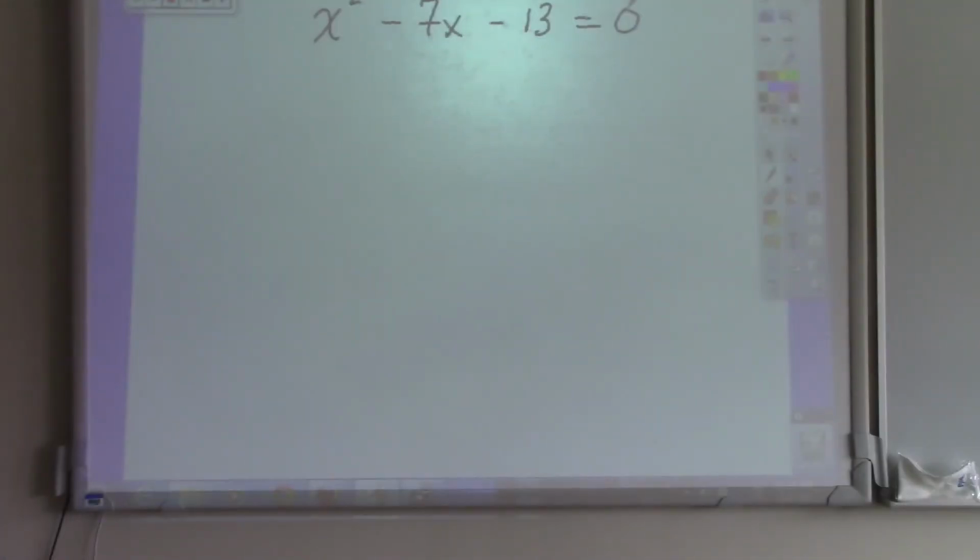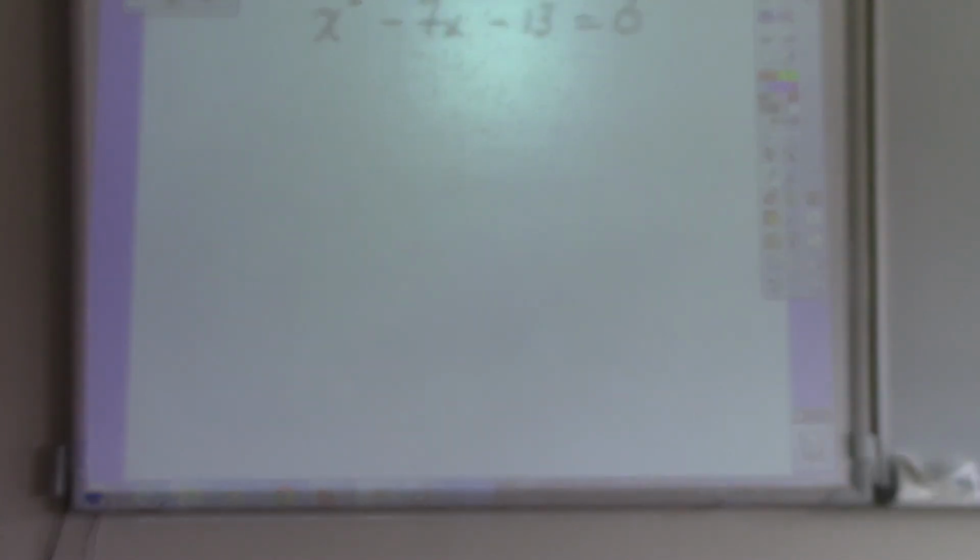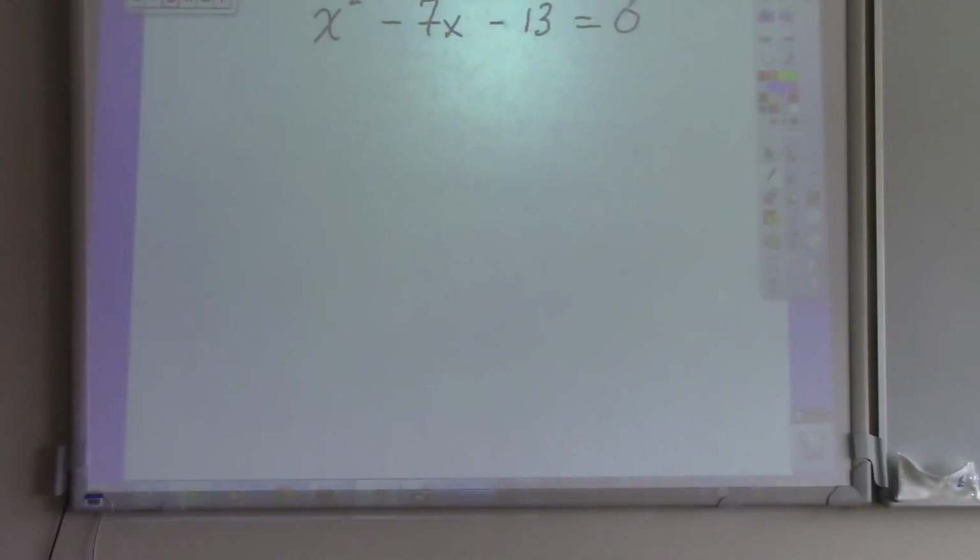Is class over at 11:30? 11:40. Okay. Now your homework, you need to start working on the radicals in chapter 10, unit 4. Does unit 5 have anything about completing the square on the syllabus?